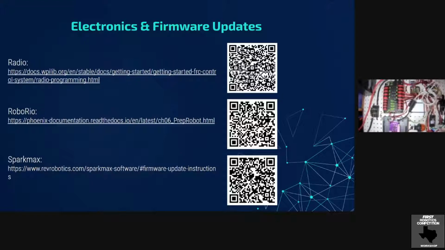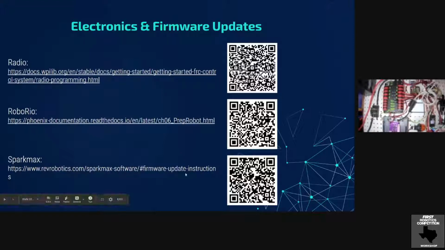Those QR codes, again, please feel free to scan them, but this will be uploaded to the resources page on the Bronc Botz website. There are pretty thorough walkthroughs for pretty much anything that is going to need a firmware update, and it was not difficult to find any of what we were finding.